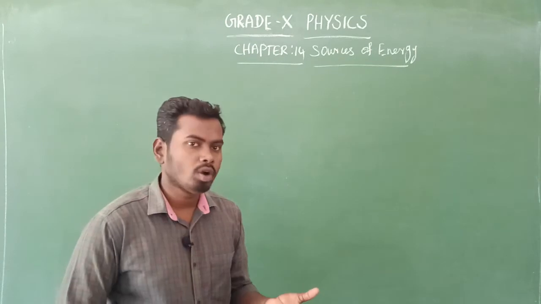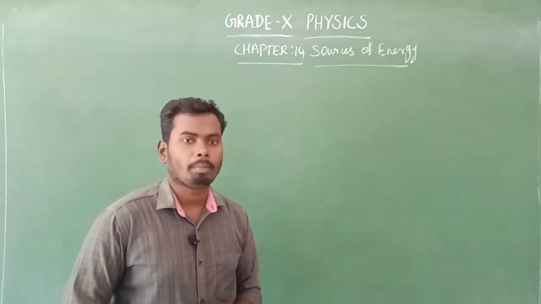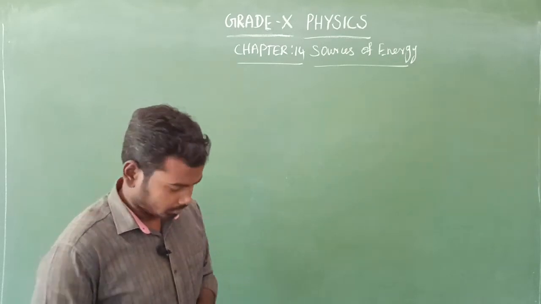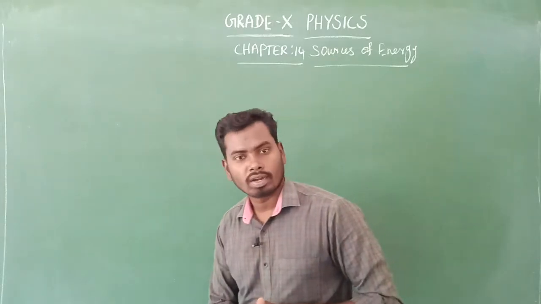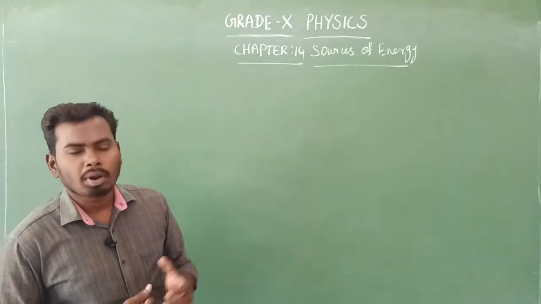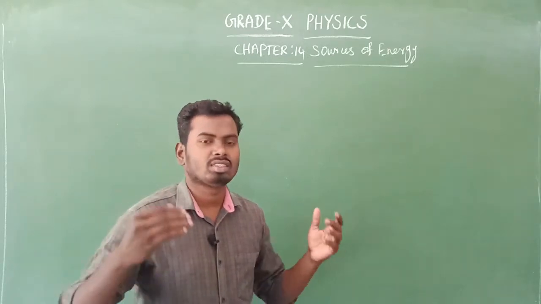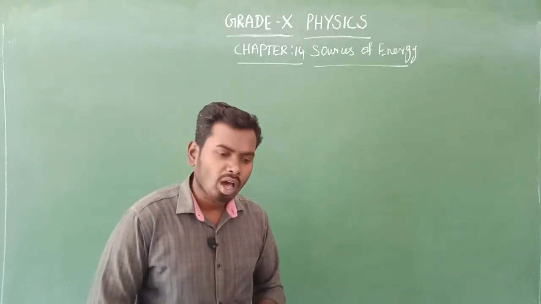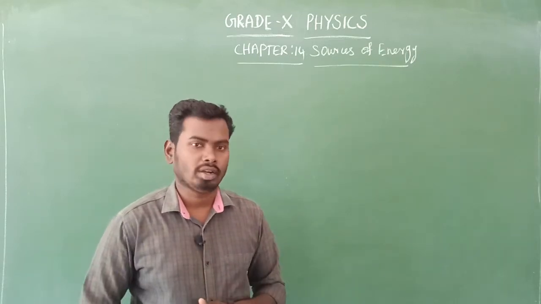The burning of coal is a very important source to generate electricity in a thermal power plant, isn't it? Yes. So what is the advantage of the thermal power plant? The advantage is that a large amount of electric energy is generated every year. That is one of the advantages, isn't it?